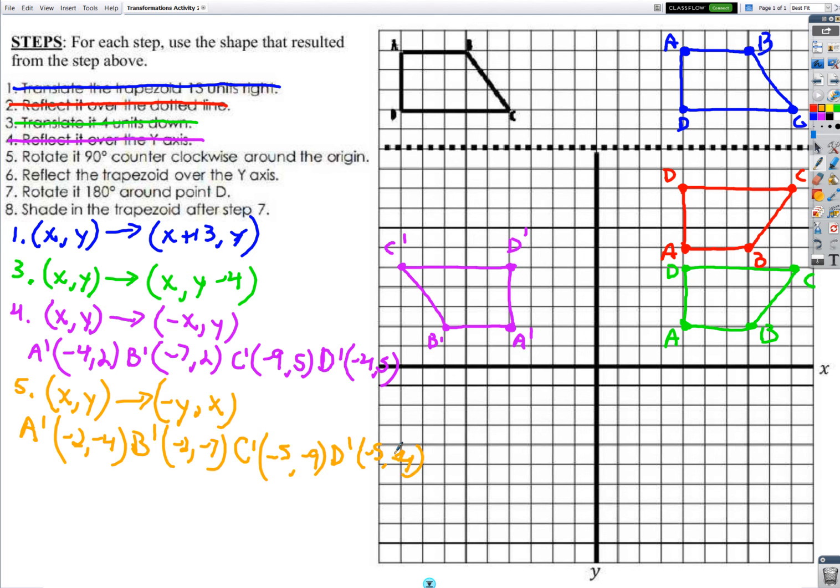Okay, so let's throw this up there. -2, -4 ends up being A prime. -2, -7 is B prime.